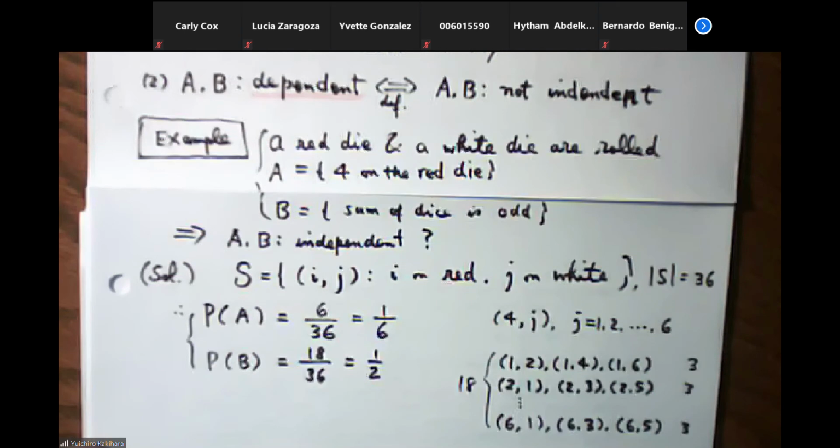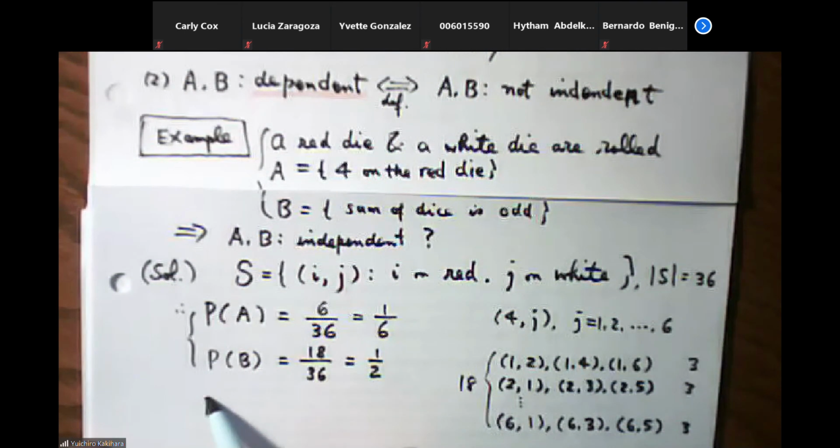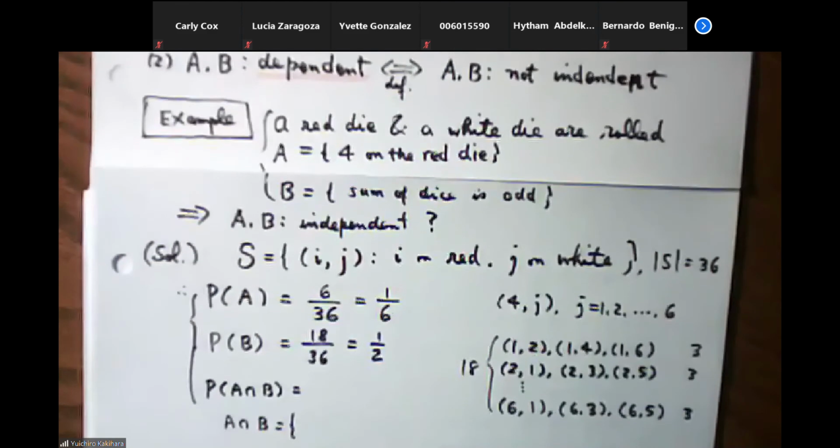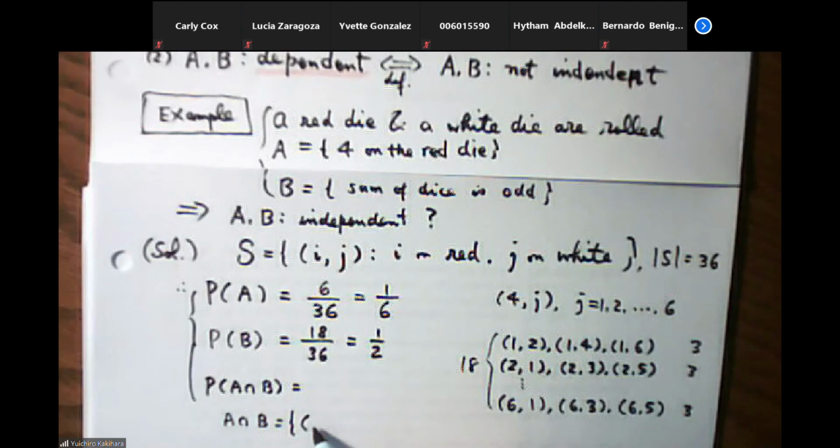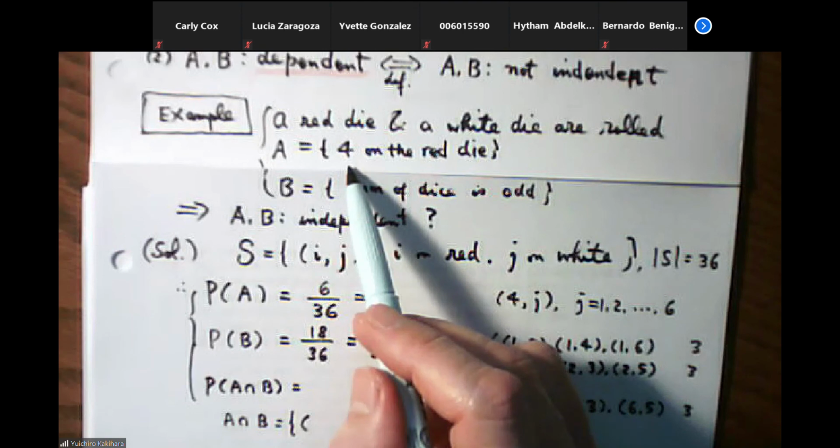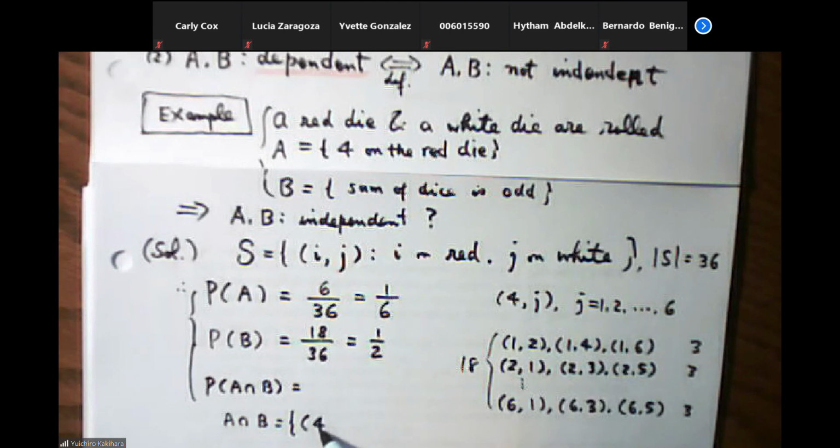Now, one more thing: probability of A intersection B. We need to calculate this lastly. What is A intersection B? This is an event consisting of which kind of outcomes? The first one must be 4, the red one must have 4. Then the white one must have what?